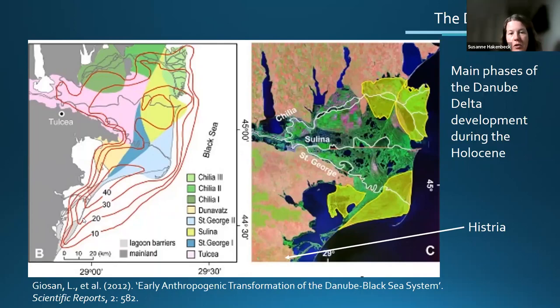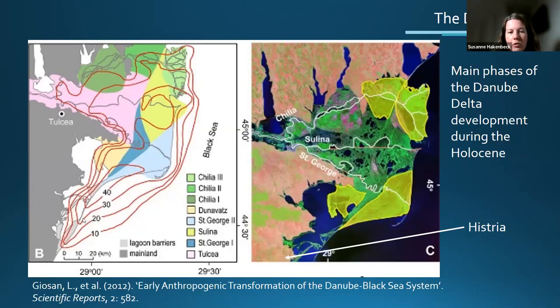And then on the right, you can see a satellite image where you can see at present the three main branches of the river in the delta formation. And again, I hope you can see my mouse here, the northern arm is the most recent one. But what is interesting for us is this southern arm, the St. George arm.